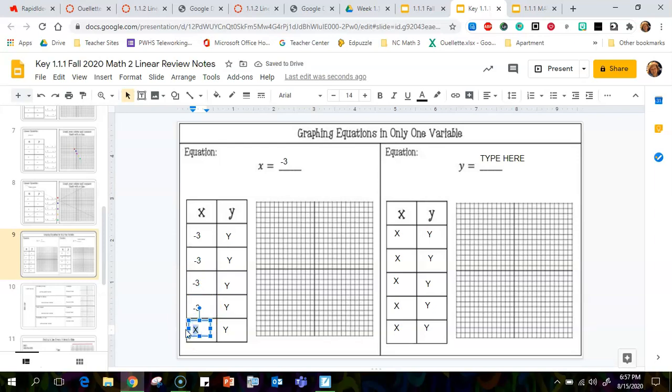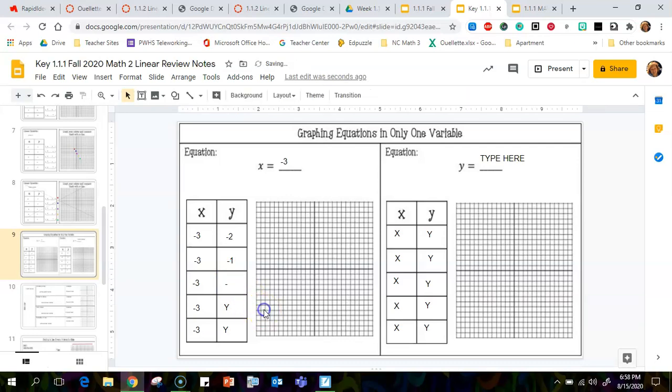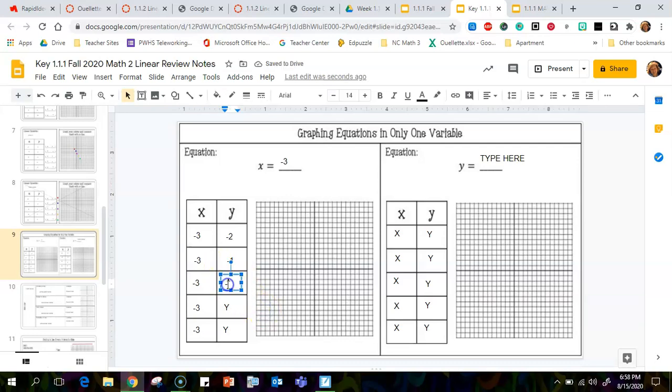No matter what I put in there for y, the x is always going to be -3. So I could choose -2 here, -1, 0, and I don't even have to finish this.